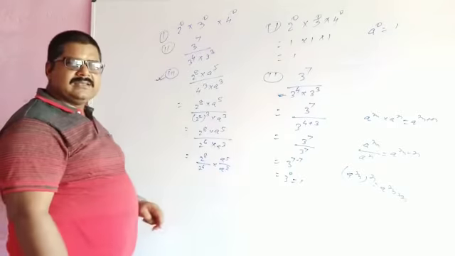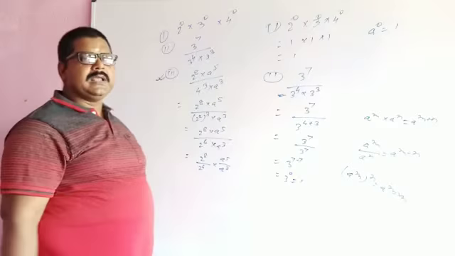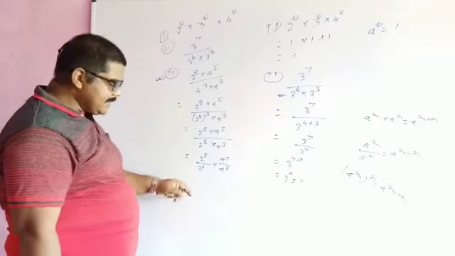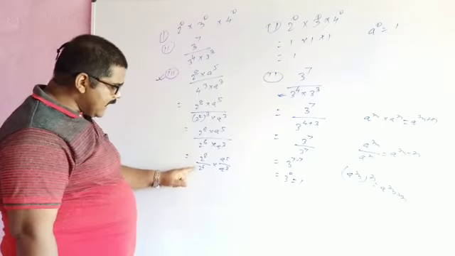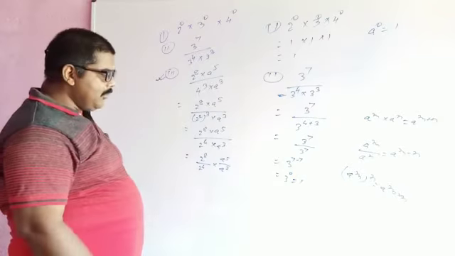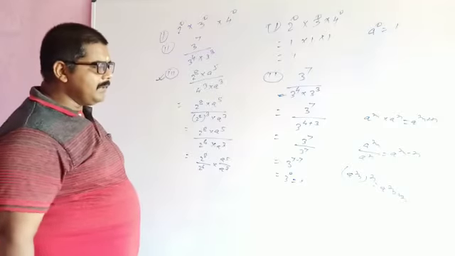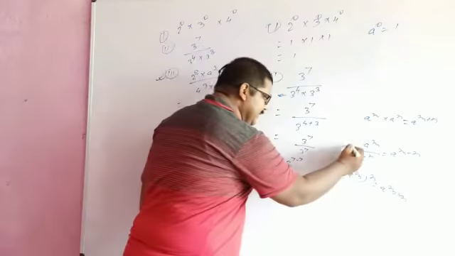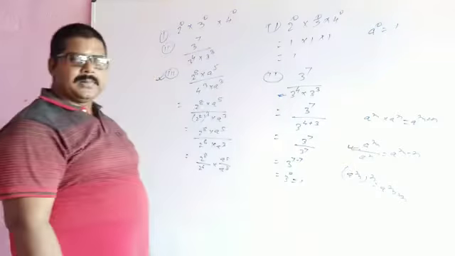And you can just see the relation of its numerator and denominator. And what is the relation? Bases are same, 2, 2, but powers are different. When bases are same and powers are different, then this formula is applied.